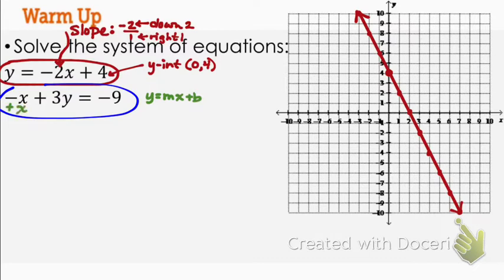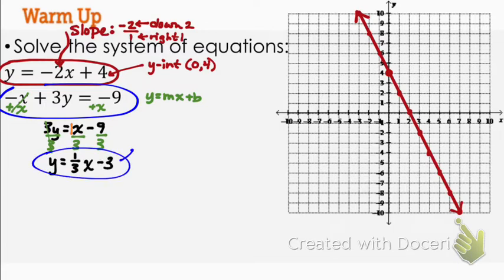So I would start by adding x to both sides. So I would have 3y equals not -9x, but x minus 9. And then you divide each piece by 3. Next to that x, there is an invisible 1. This is a 1x divided by 3. So that would be 1 over 3x minus 3.